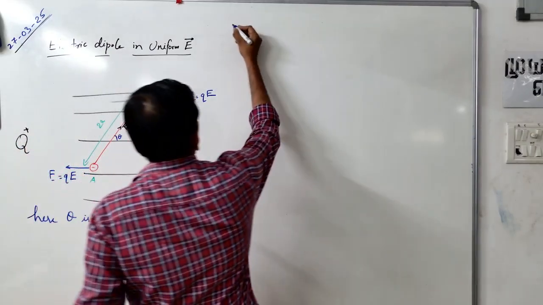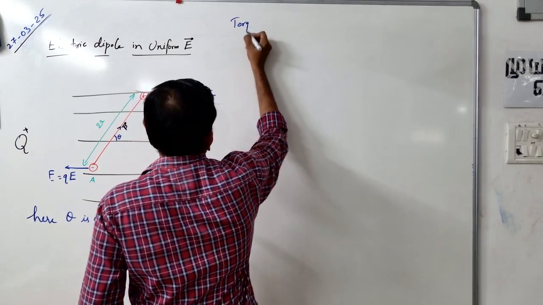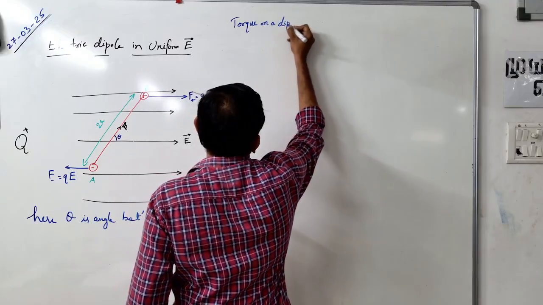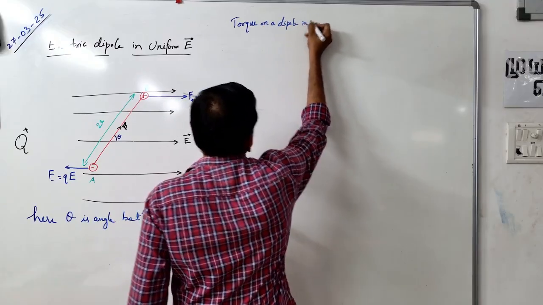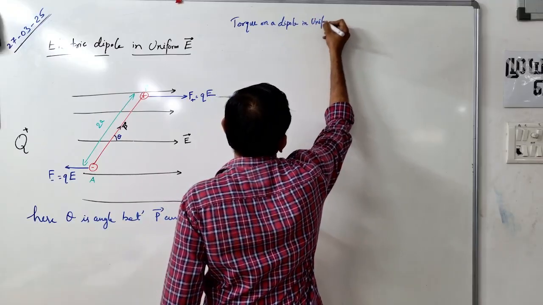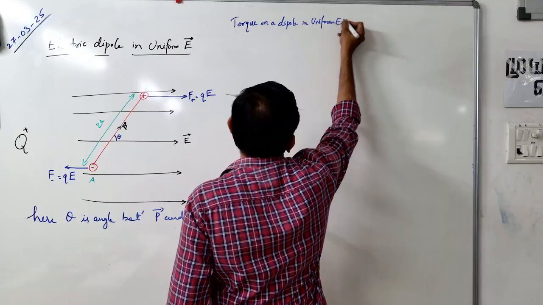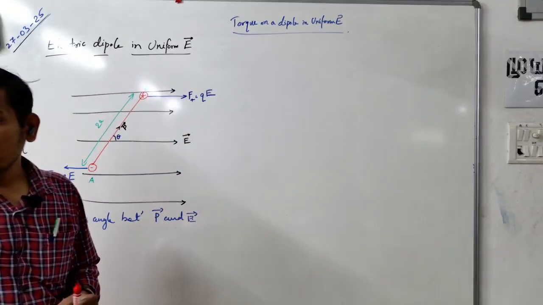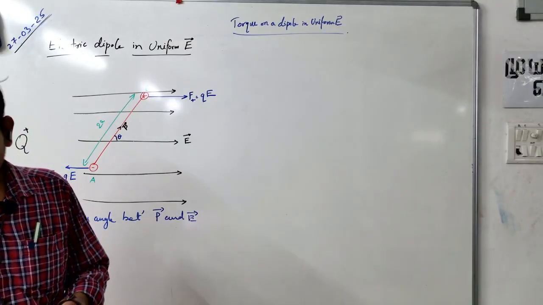Torque on a dipole in a uniform electric field. What's the formula for the torque?